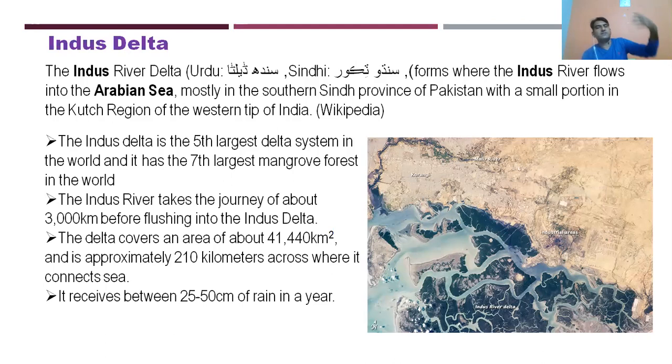The Indus Delta is a feature mostly found in the deltaic region of Pakistan, where the water of the Indus River and the Arabian Sea meet together. This is a combination of brackish and sweet water. This is also a very important zone of Pakistan. We'll see how much land area is covered and how it is important. The Indus River Delta, called the Sindh Delta, Sindhu Takor, forms where the Indus River flows into the Arabian Sea.